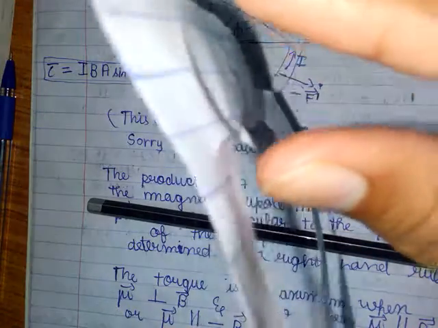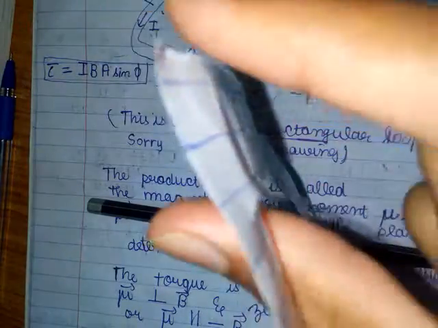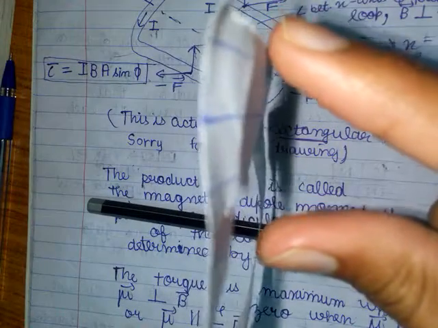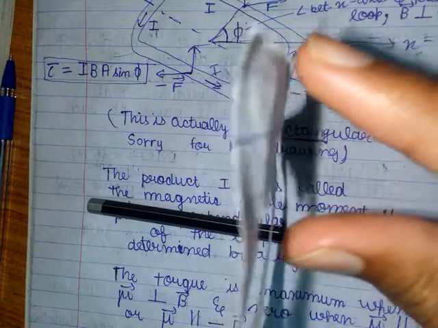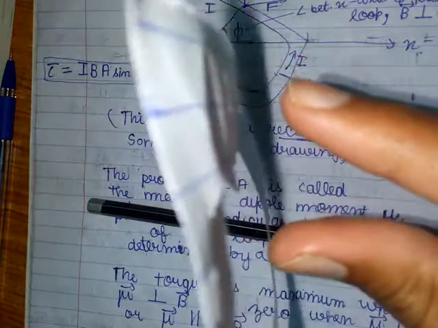As we rotate it, the distance between the line of application of force and the rotation axis reduces. See, this distance, and you see as it rotates, the distance reduces.